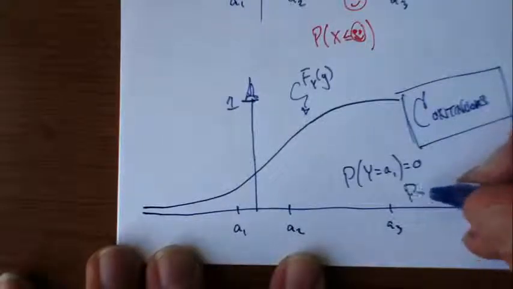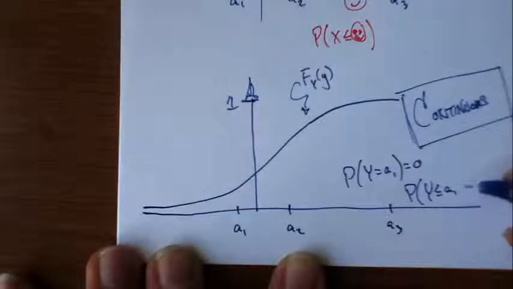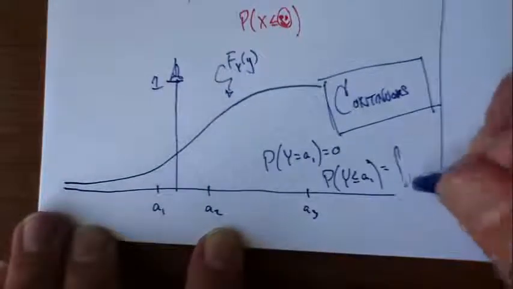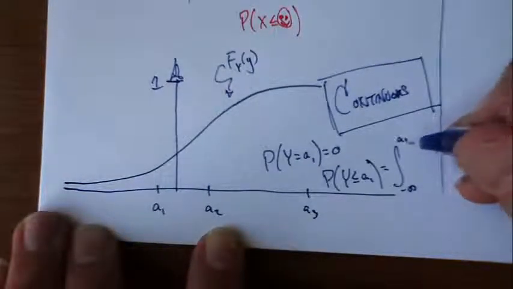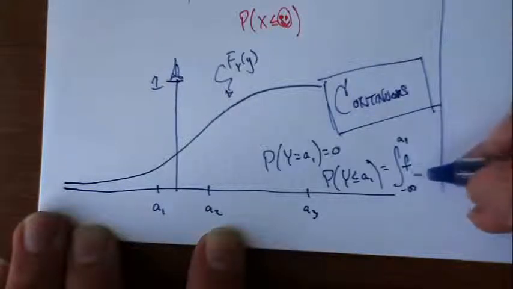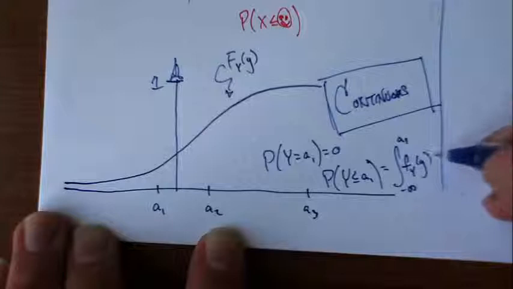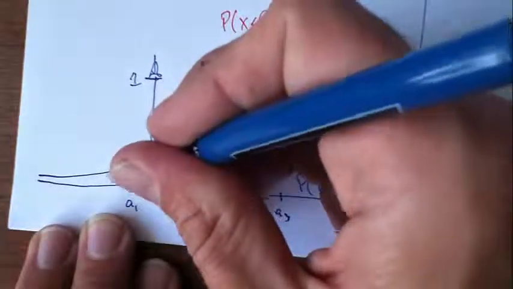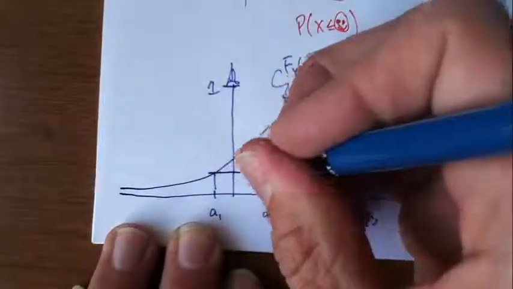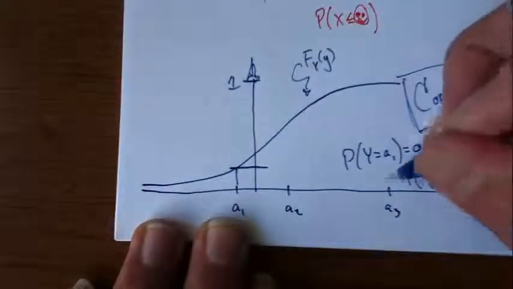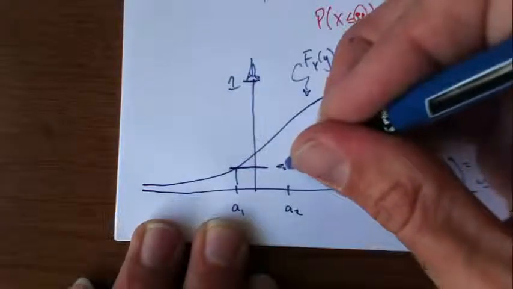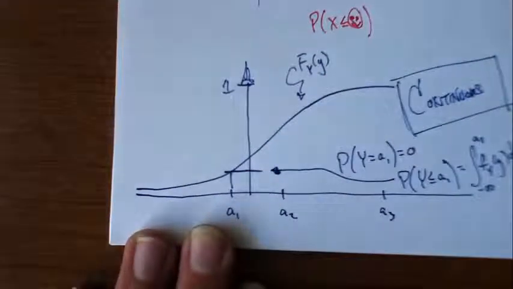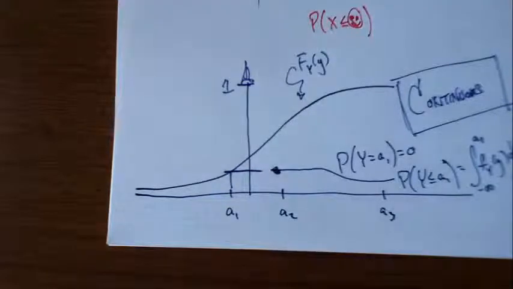But the probability that Y is less or equal to A1 is indeed this integral from negative infinity up to A1 of the density function f sub Y of y dy. We already know that, and in this case it's that mark. That's what this cumulative distribution function indicates.